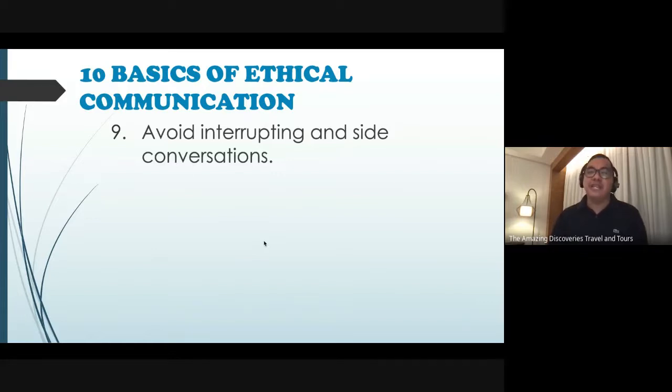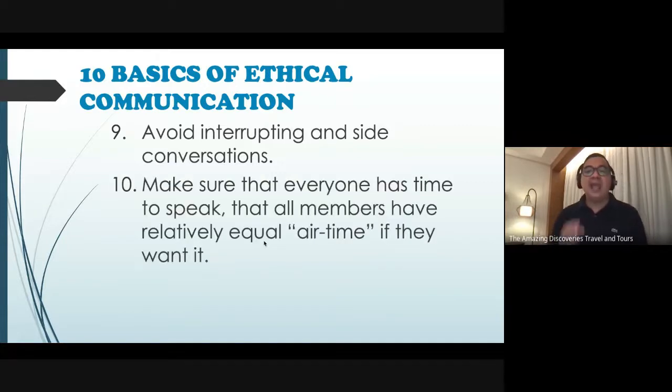And of course, avoid interrupting others when they are speaking. Make sure that everyone has time to speak, that all members have relatively equal airtime if they want it. Let everyone have equal time, let everyone have an equal sharing of the moment to speak.